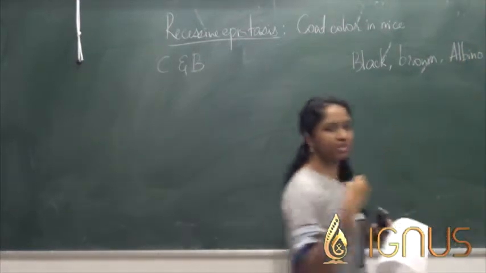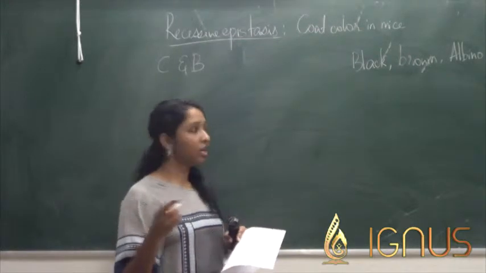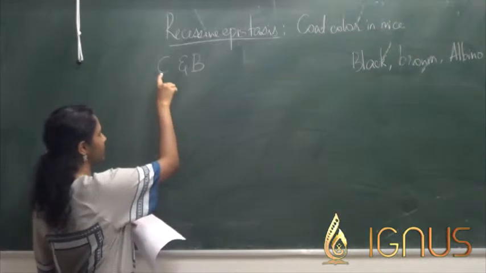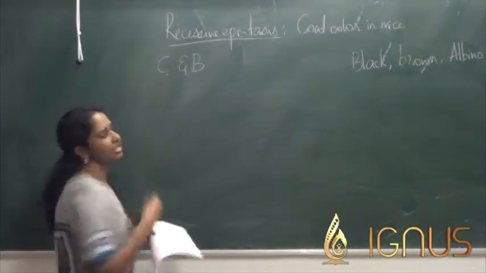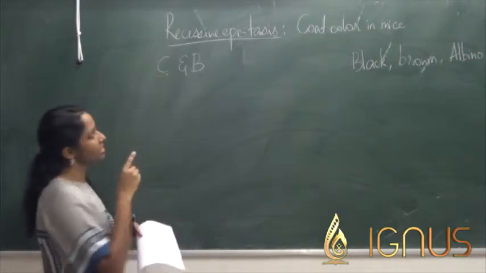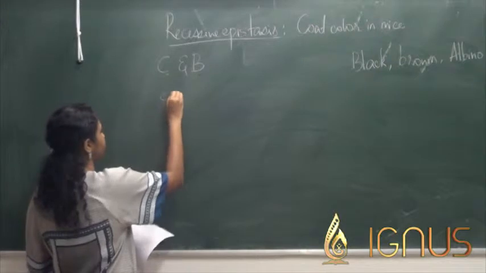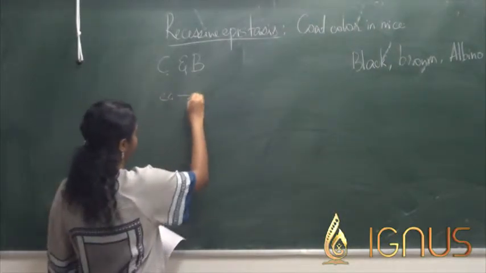So there are three different coat colors in mice: black, brown and albino. Now the coat color are controlled by two different genes, C and D, and in this example C is the epistatic gene. Now because this is a recessive epistasis, only when the C gene is in a double recessive state does it become epistatic.